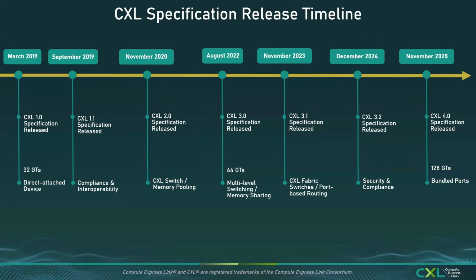So this is a timeline of the CXL specification. You can read through it, but basically over the last 6+ years, we have been through multiple revisions of the specification. In each revision, we have added new features, new usage models, or we have increased the frequency in order to get more bandwidth.